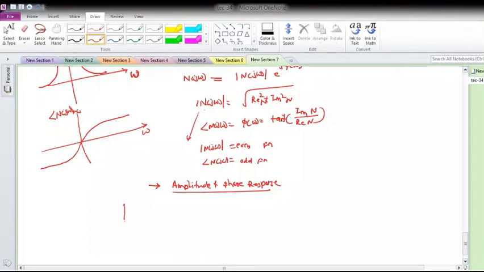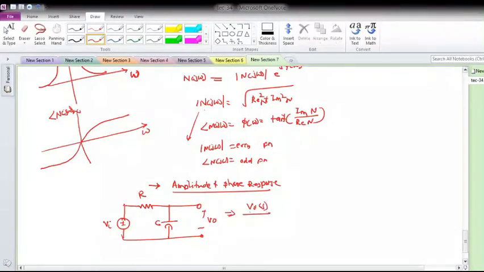Suppose this is the energy source I am applying to a series RC circuit, and let me evaluate in the frequency domain and see whether I can extract any additional information from it. Suppose this is my V0 and this is my Vi. What will be the network function? Let me write the transfer function, that is the voltage ratio, V0 upon Vi of s. It will simply be 1 over RCs plus 1.